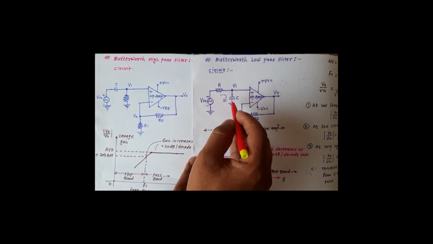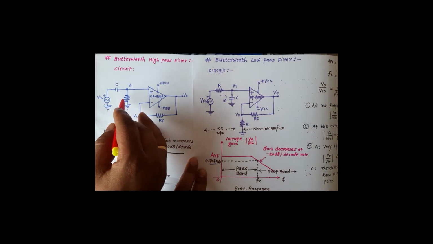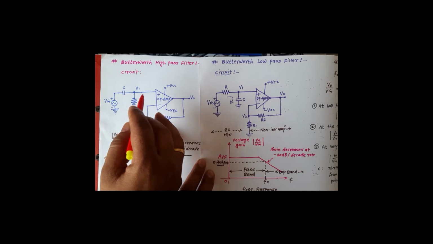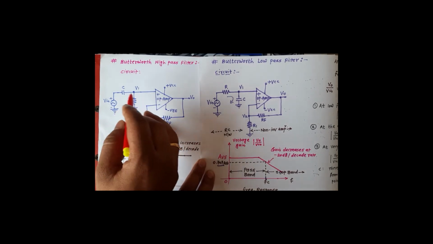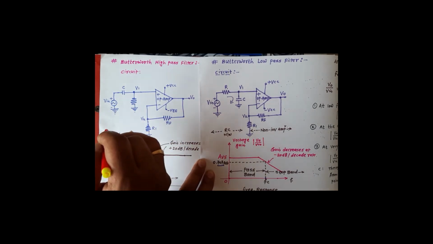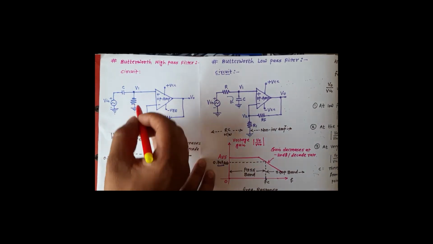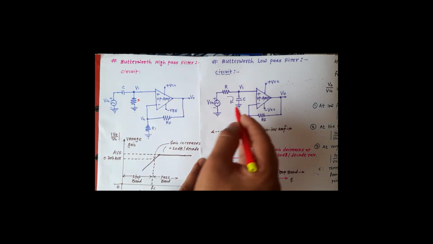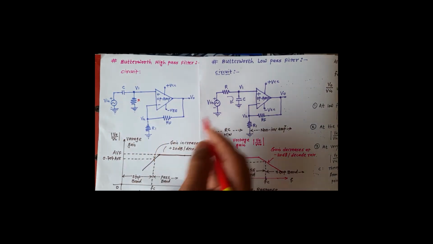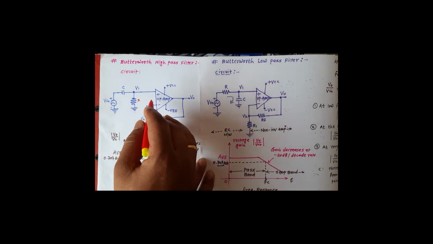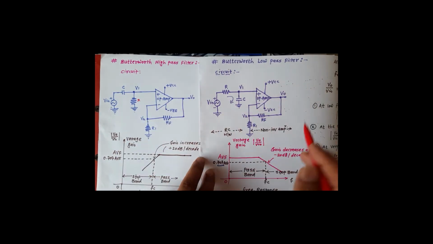This RC network is interchanged in a high pass filter. It means the high pass filter can be constructed by interchanging the resistor and capacitor, right? So here is an R, here is a C, here is an R, and here is a C. This interchanging of the resistor and capacitor forms the high pass filter from the low pass filter.